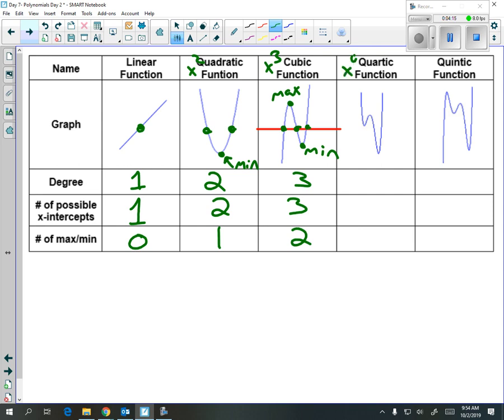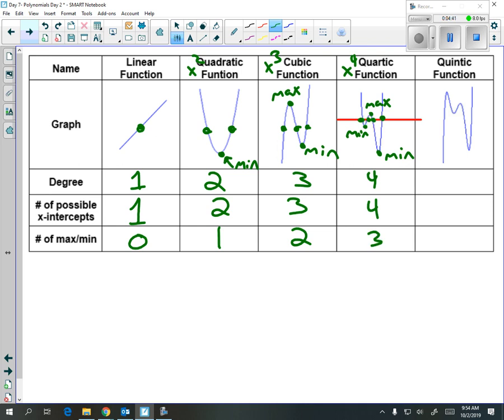Quartic functions, degree 4, maybe you'll see where this is already going, has a possible amount of 1, 2, 3, 4 x-intercepts. The turning points, you have a min, a max, and a min. So 3.